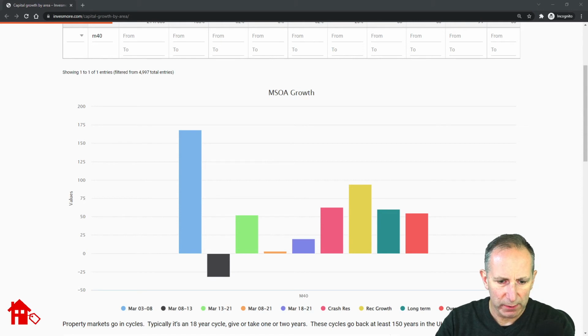So you can see here between 03 and 08, M40 just went crazy. And then declined not too much, and then came up, capital growth wise, pretty well. And then you have the averages here, and you can see that in recent growth it's done very well. It's right up there.